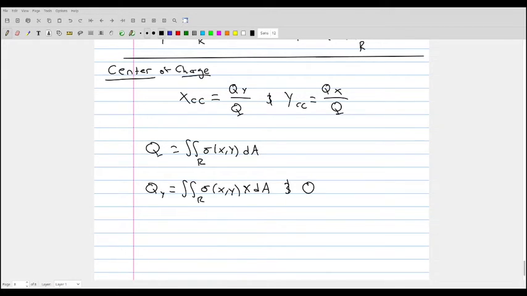And likewise, Qx is the double integral of the charge density function times y. So this location will give you the center, or the average location, of that charge distribution.